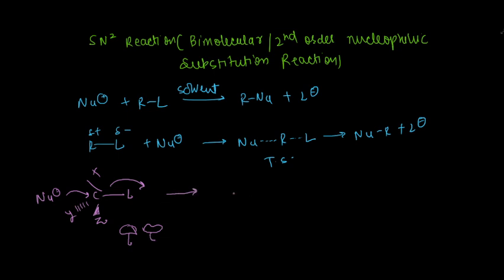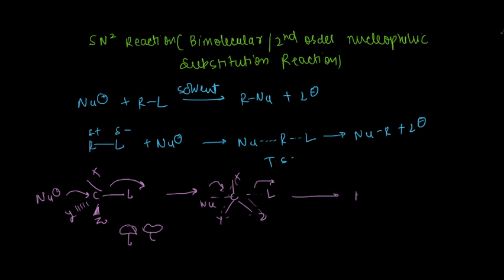The intermediate state is C, Y, Z, then we have Nu, then we have L, the leaving group. This is our intermediate step. So now this nucleophile keeps on attacking and the leaving group keeps on leaving.